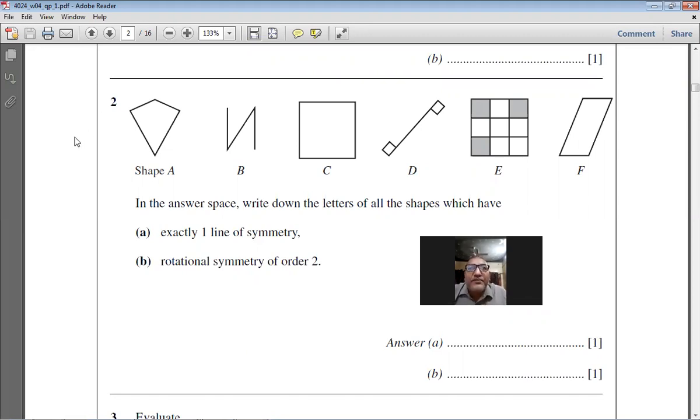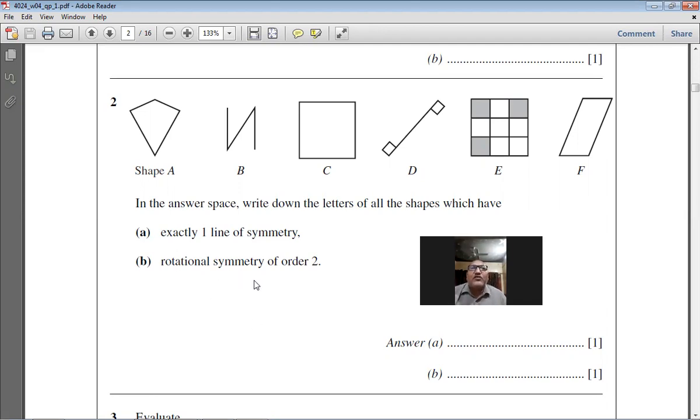So this shape will have one line of symmetry, and this shape will have one line of symmetry. The line of symmetry will be like this. So these 2 shapes, A and E, have one line of symmetry only.